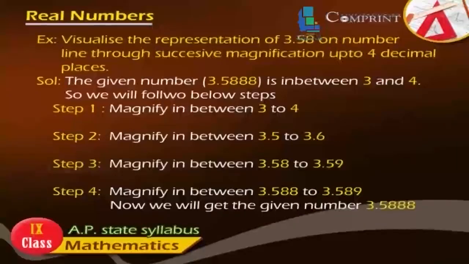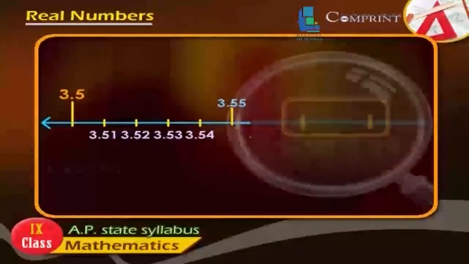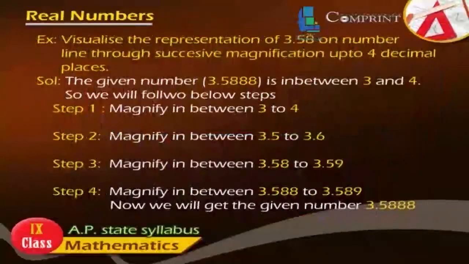Magnify in between 3.58 to 3.59. Step 4. Magnify in between 3.588 to 3.589. Now, we will get the given number 3.5888.